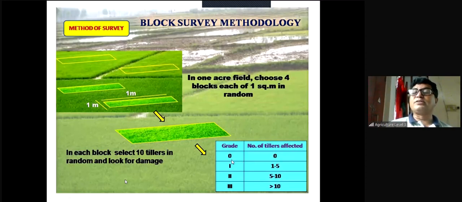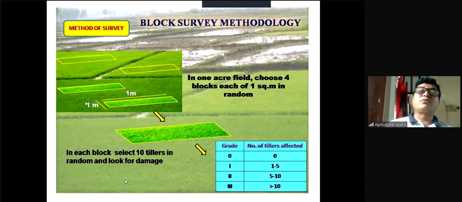Grade 0: no tillers are affected. Grade 1 indicates 1 to 5 tillers affected out of 10. Grade 2: 5 to 10 tillers affected. Grade 3: more than 10 tillers.